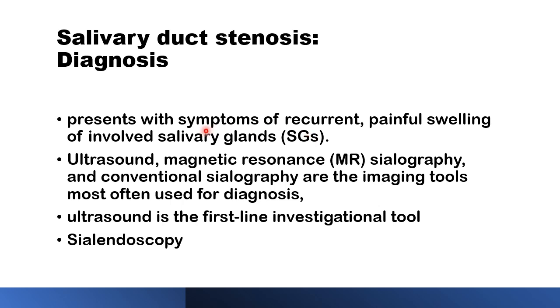The diagnosis can be confirmed by ultrasound, which is the first line in the investigations, or magnetic resonance sialography, which would show the entire duct system, or conventional sialography as the basic imaging modalities. But of course, sialoendoscopy could also establish the diagnosis and be instrumental in the treatment.